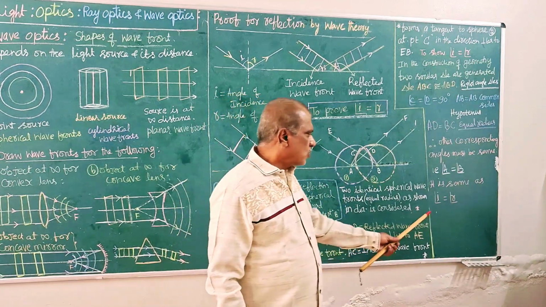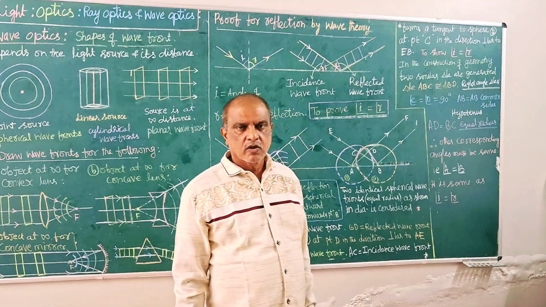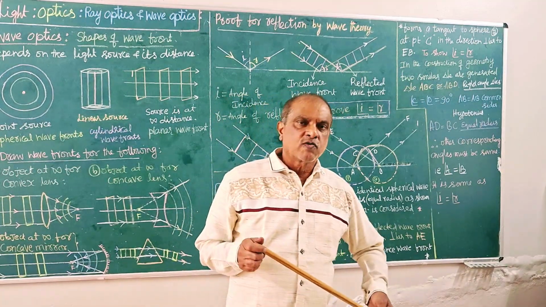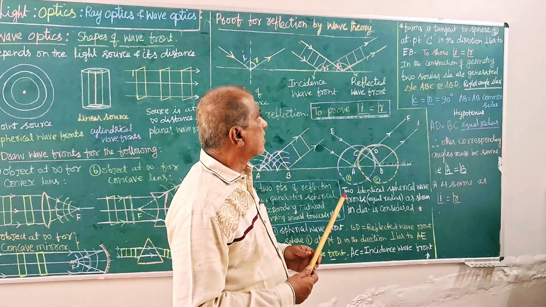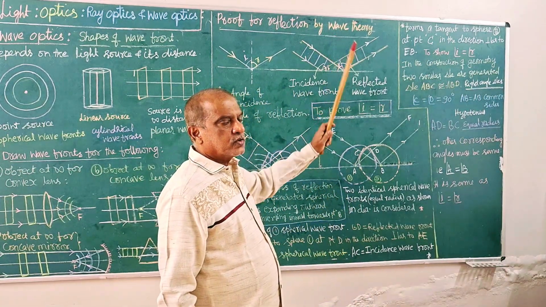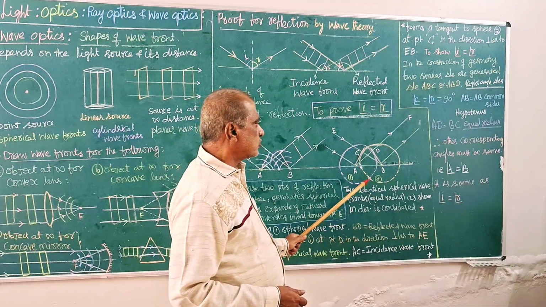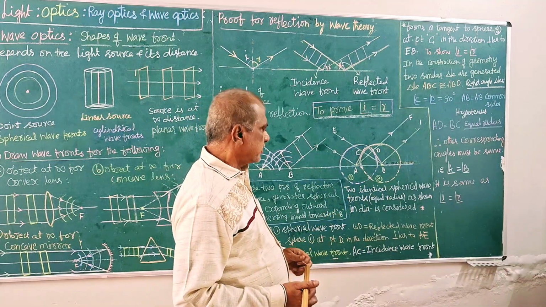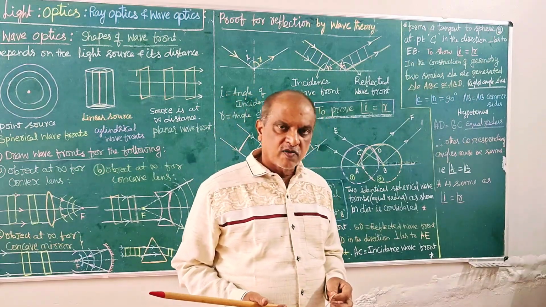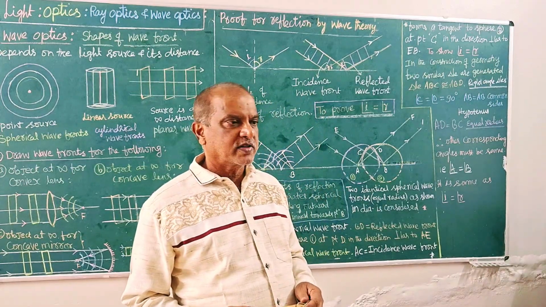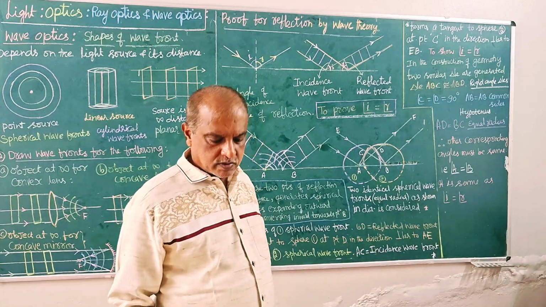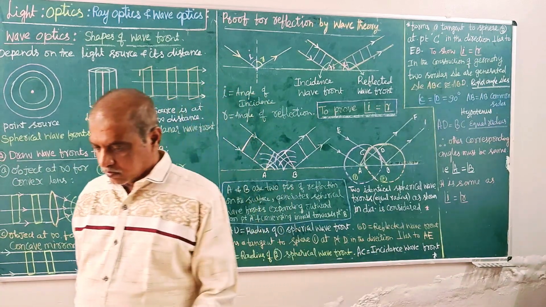It means I equals R. The angle of incidence is equal to the angle of reflection. Even if you take the wave theory concept, it uses this kind of theoretical knowledge. With this, we prove the first law of reflection by the wave concept. Let us finish up. This will be next.